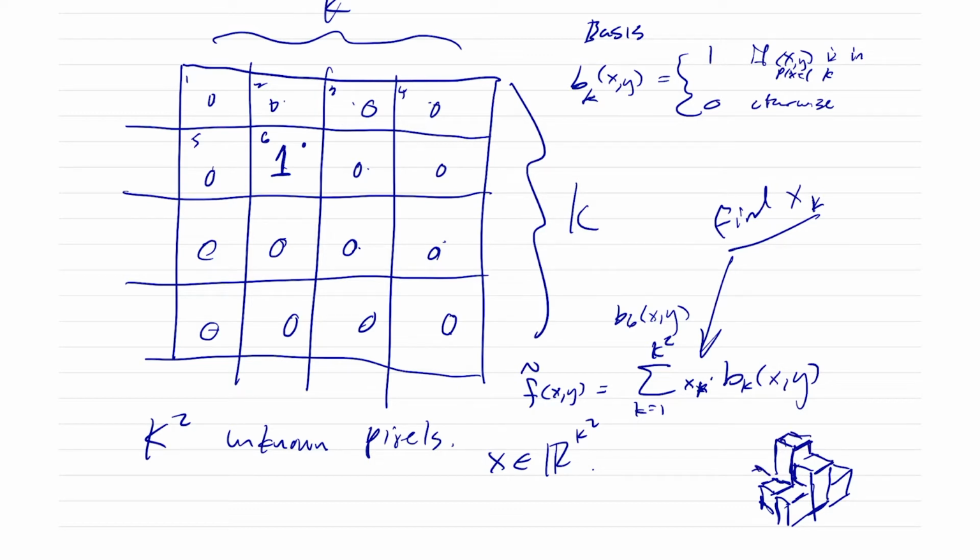It's sort of a step function, something like that, right? So this is x and this is y, and so this could be f tilde, for instance. And each one of these heights is represented by x_k. So this height here is at x_k.